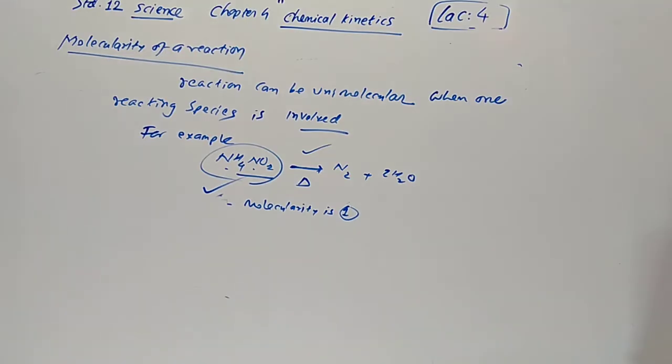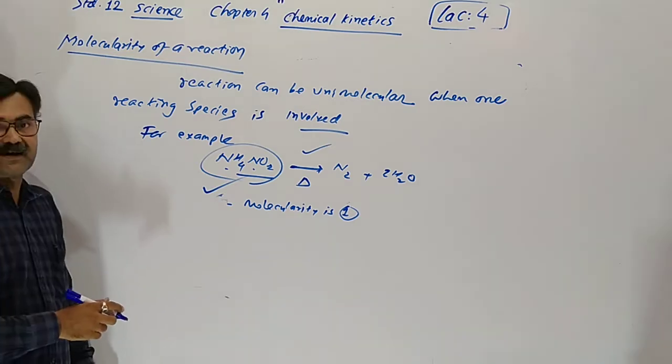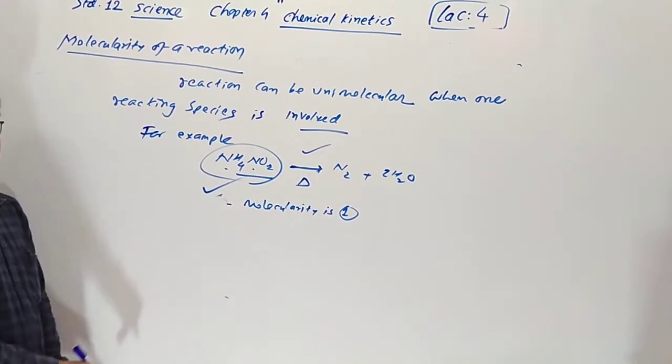Now store in your mind: ammonium nitrite on decomposition gives dinitrogen and water. Here only one molecule is taking part, and the reaction occurs in only one step. So molecularity should be 1. Yes, sir. Now another example, bimolecular.